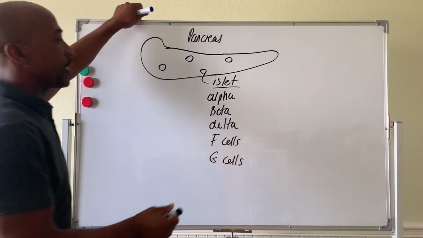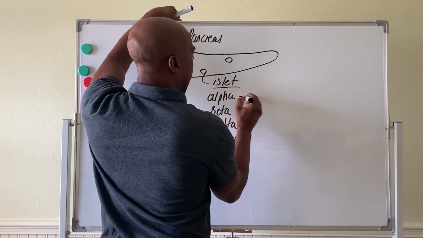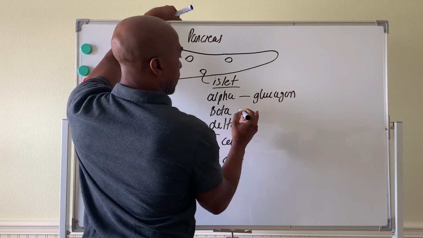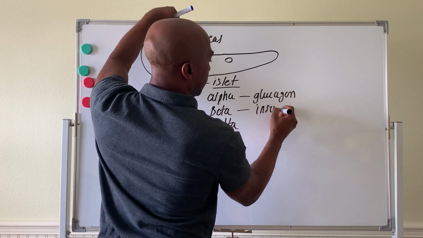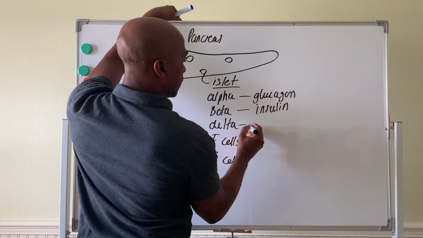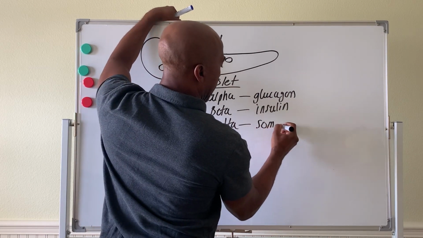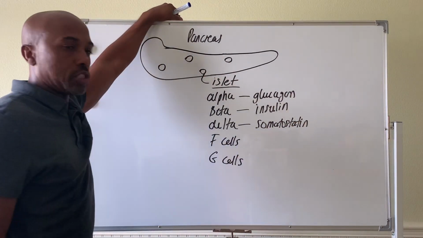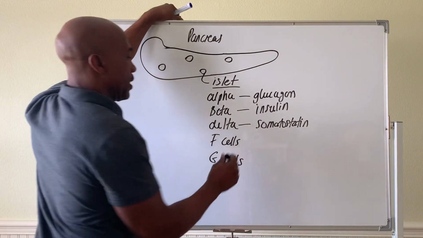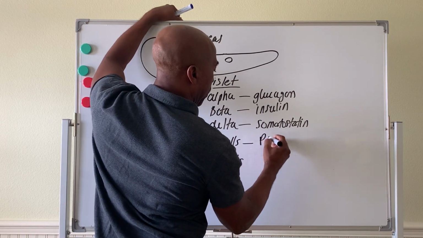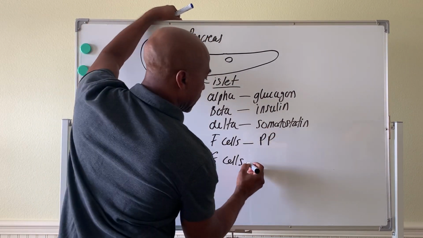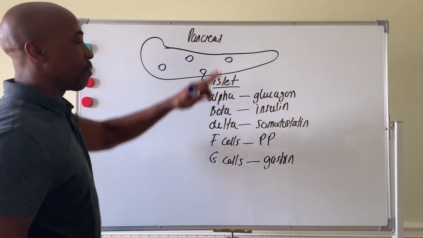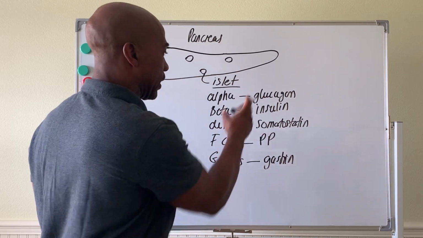The alpha cells of the pancreatic islet make glucagon. The beta cells make insulin. The delta cells make somatostatin, the same hormone called growth hormone inhibiting hormone. The F cells make something called pancreatic polypeptide, and the G cells make gastrin. So right off the bat, let's talk about what these hormones do.